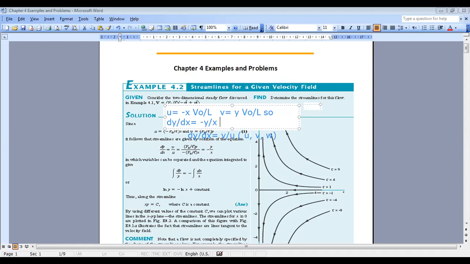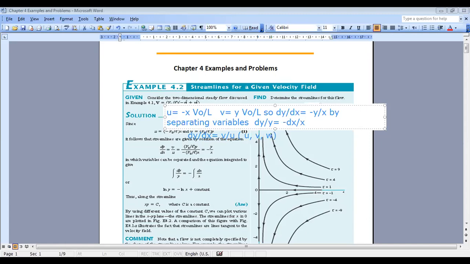So by separating my variables, we get that dy over y equals minus dx over x.